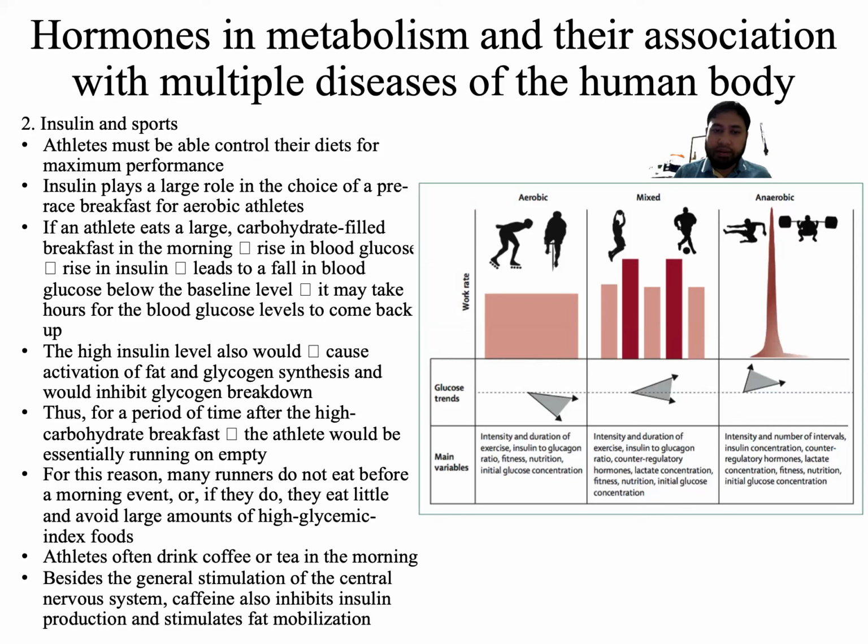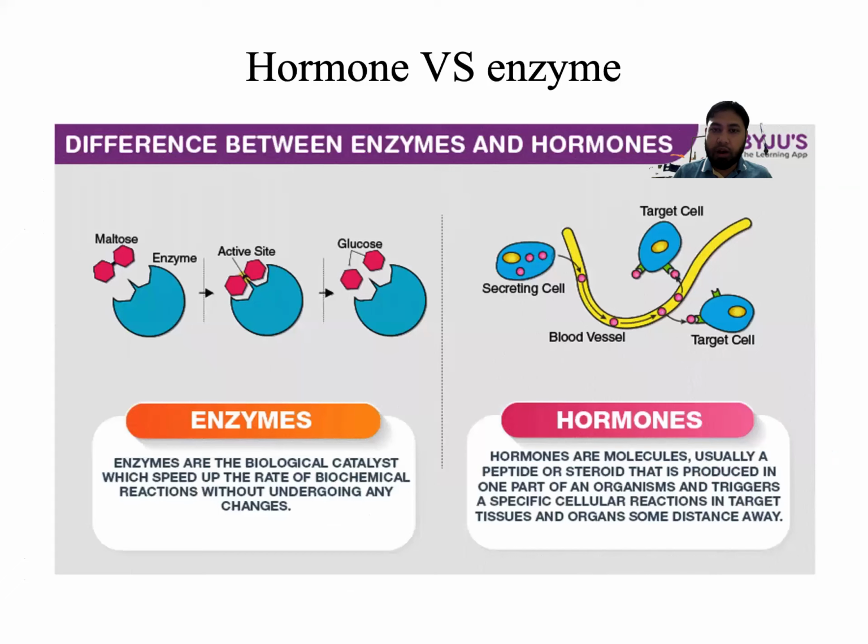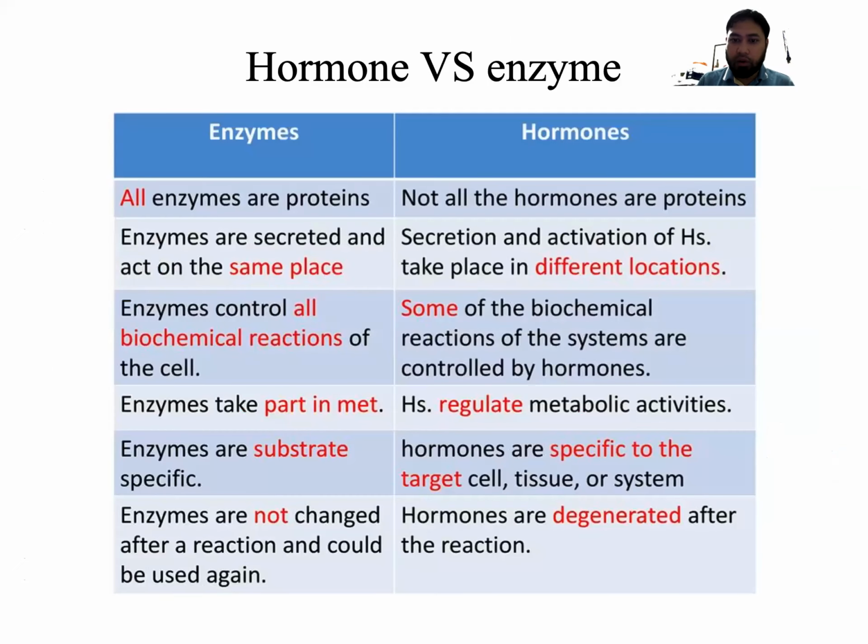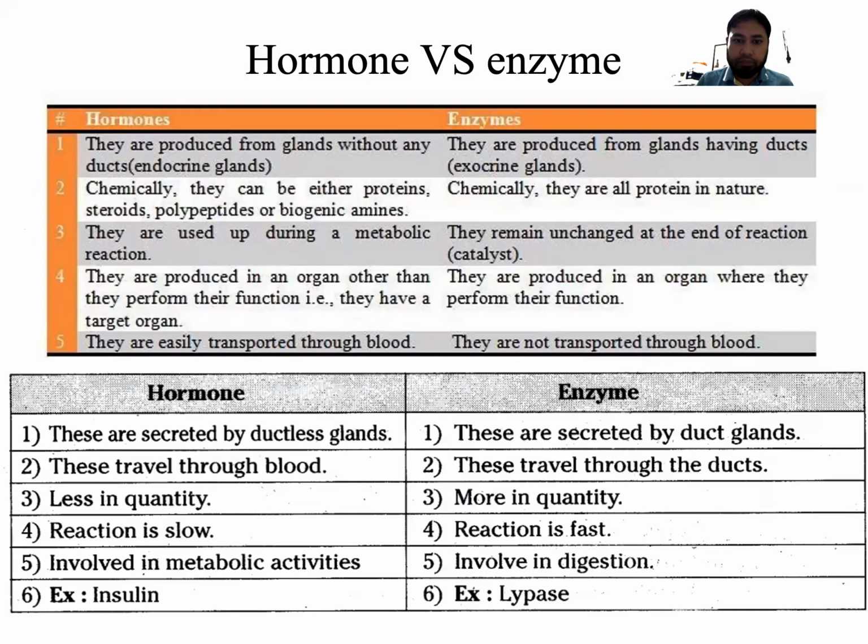All right. Okay, so these are the differences between enzymes and hormones. You can have a read through, because I am also going to ask you about this one. This is also important: the difference between the hormones and enzymes.